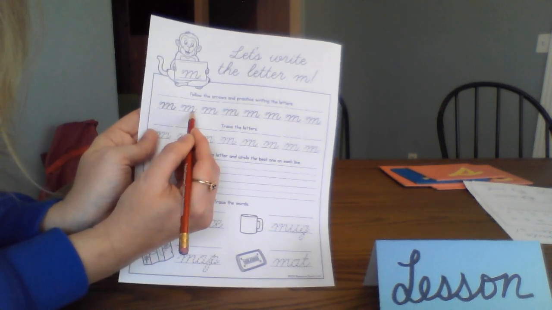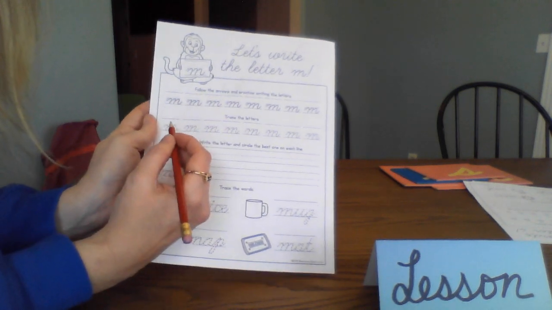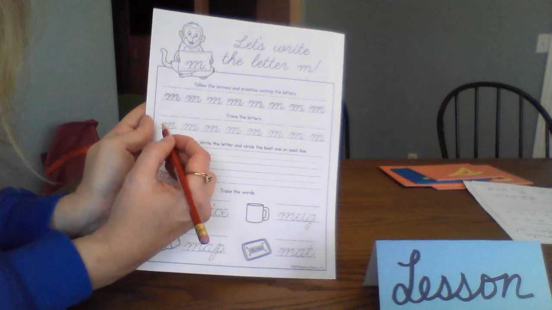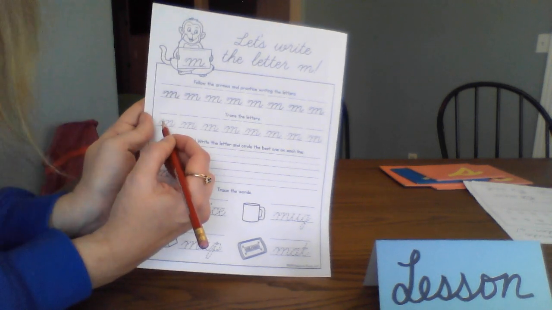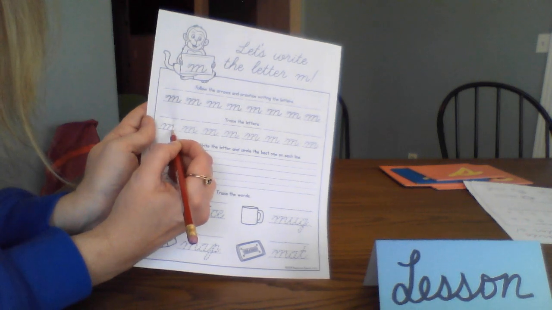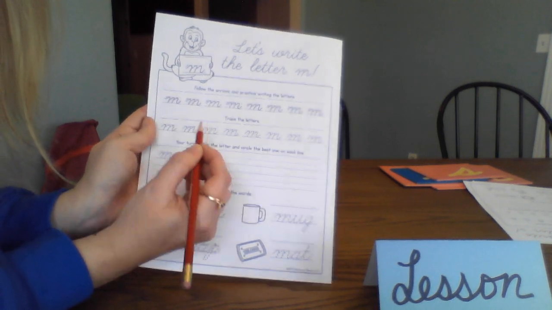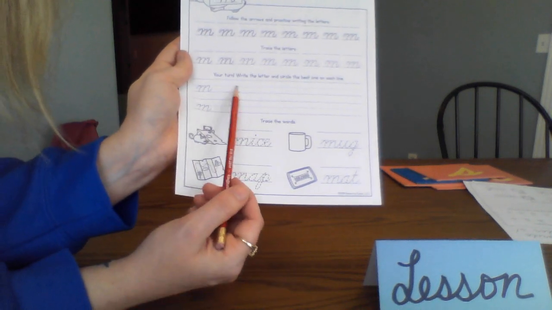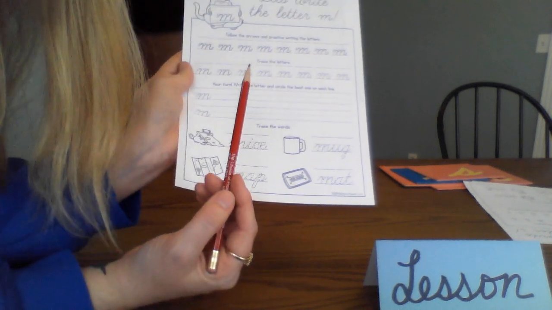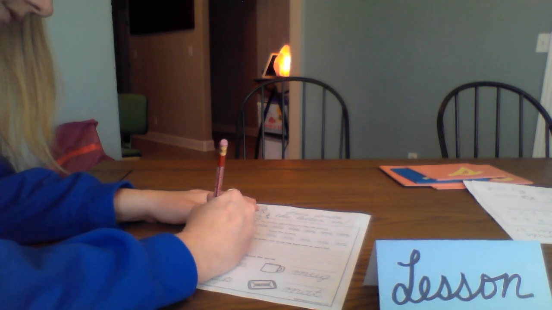And then down here, you can trace the dots and trace them all the way across. Down here where the lines are blank is where you get to write them by yourself. So I'll write some of mine and show you what I have.